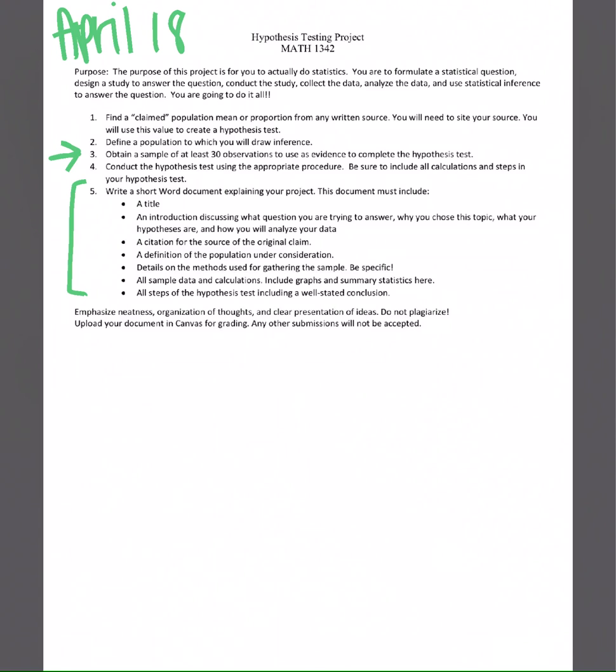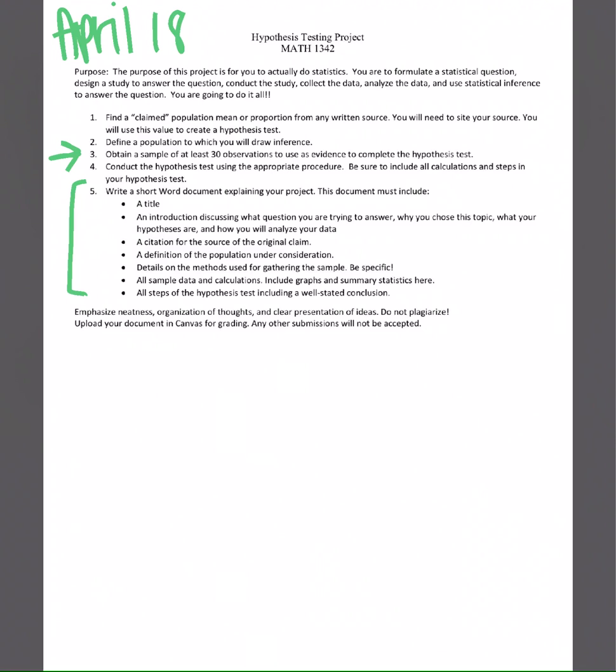Again, if you use Facebook, say you use Facebook. If you reached out to family members, say that, although it needs to try to be random, so do the best you can. All sample data and calculations include graphs and summary statistics, and then a step of the hypothesis test, including the conclusion.